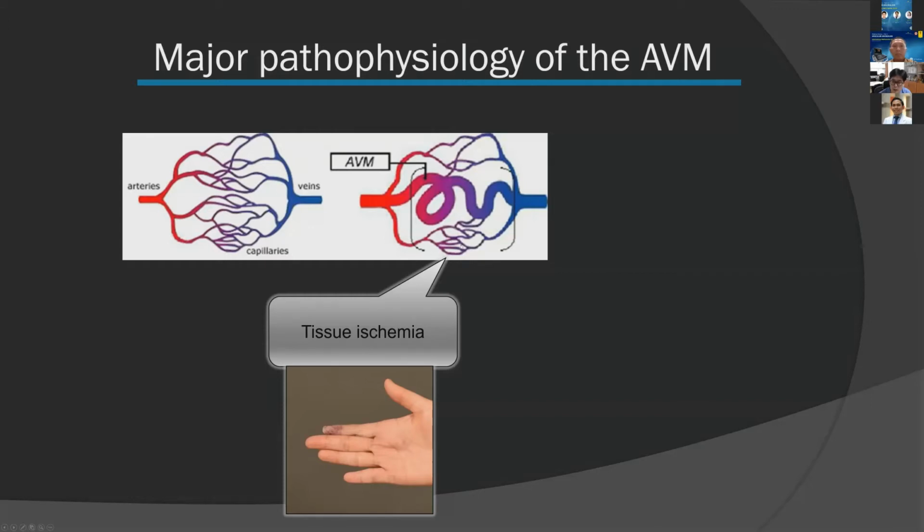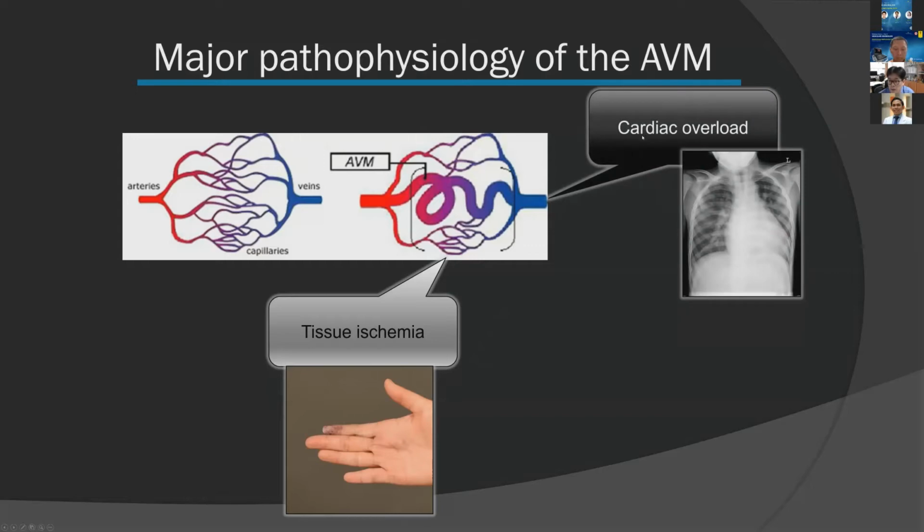This patient showed fingertip necrosis, and she had palm AVM. It was her initial presentation.